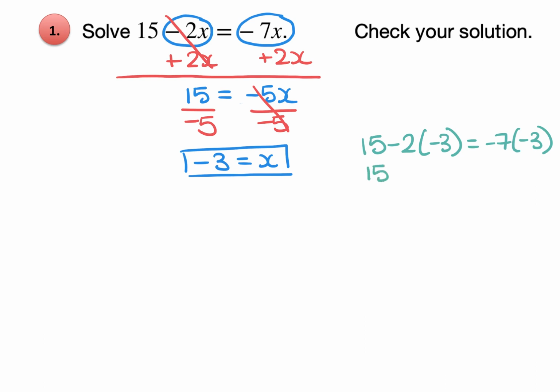So 15 take away 2 times negative 3 is negative 6, equal to negative 7 times negative 3, which is going to give us 21. And now I've got 15 subtract negative 6, which is positive 21, equal to 21. Both sides of the equation are equal, so that lets us know that we did this first example correct.